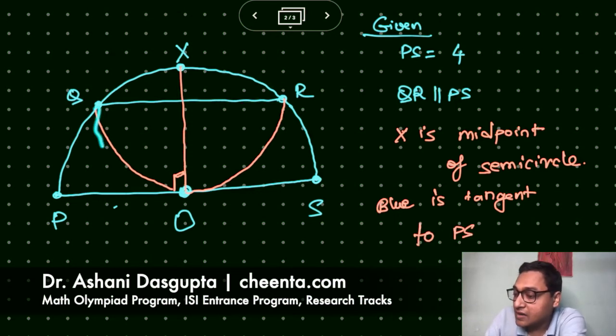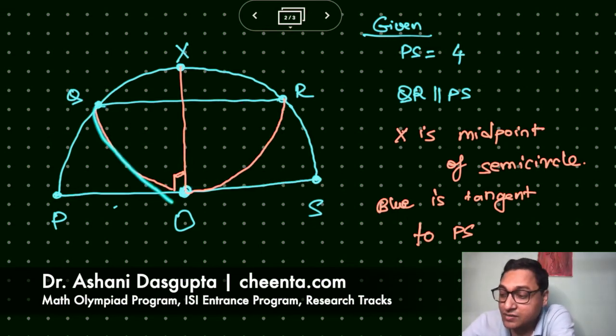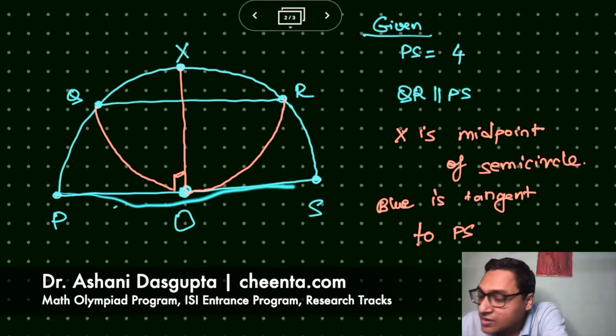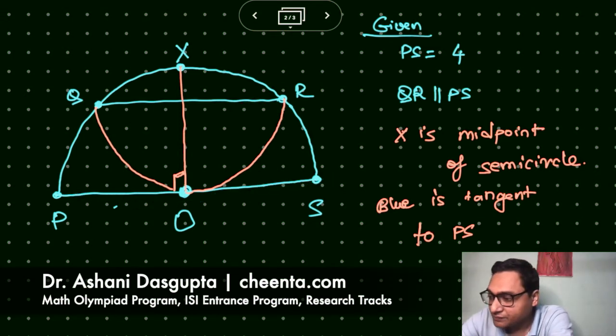So this blue semicircle is tangent to PS, that is given.